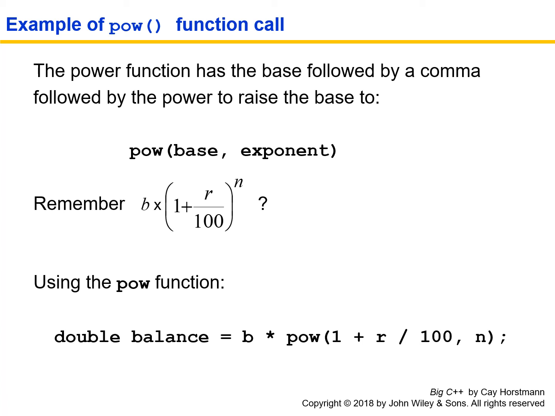The power function is set up as pow, and then base, comma, exponent. So remember, b times (1 plus r over 100) to the n. We'll translate that as b times pow, open parens, 1 plus r over 100, comma n, close parens.